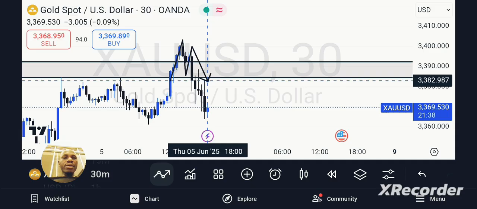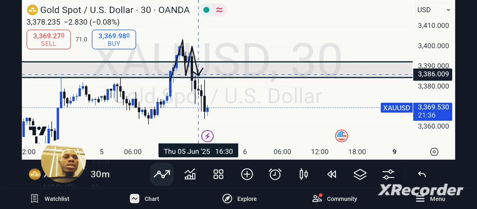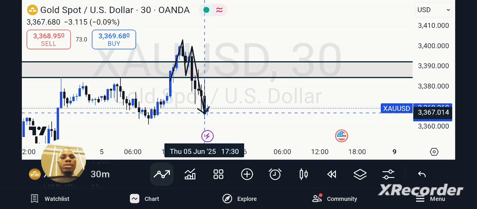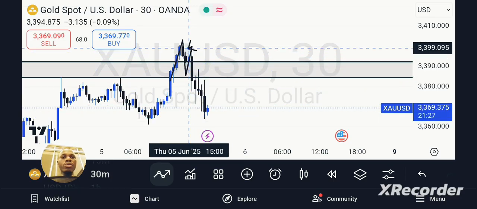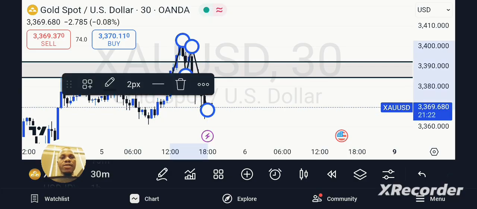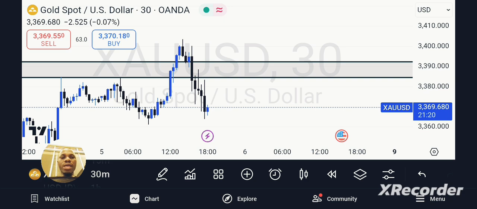Because from this point, 86, this is 86 minus 64, so that's around 300 pips. So you are going to risk 80 pips just to make 300 pips. As simple as that. If you're a beginner, you just have to look for the M pattern.